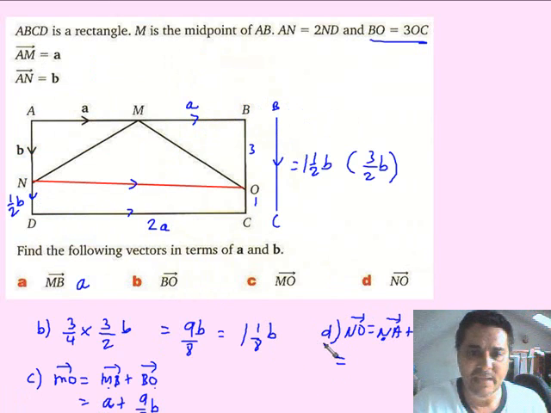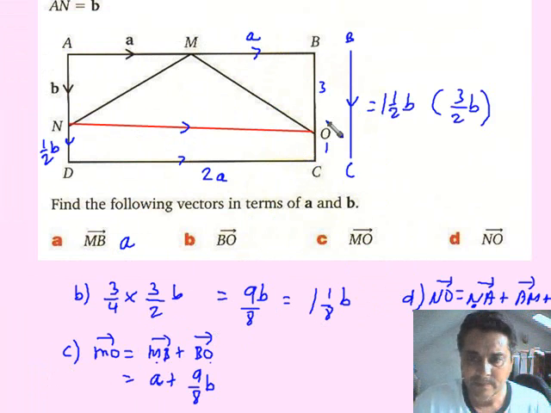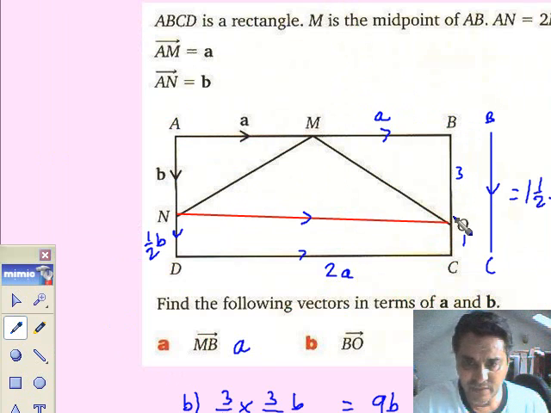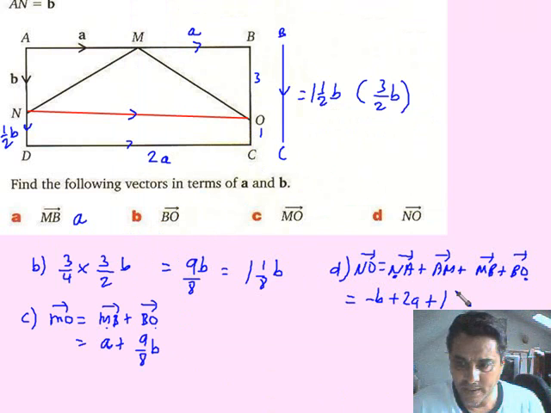N to A is going to be minus b. Then I want to go from A all the way to B there, which is plus 2a. Then from B to O, which is going to be whatever BO was before, 3/4 of B to C, so it's plus 1 and an eighth of a b.